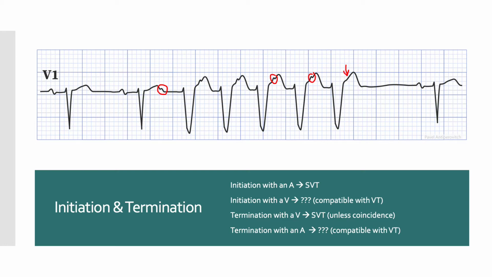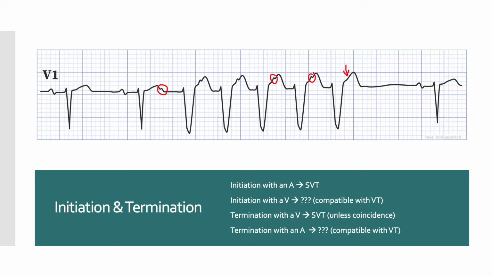So let's play out the VT in this scenario and see if it's compatible. For this to be VT, these A's would have to be retroconducted in a 1-to-1 fashion. And in the last cycle, whatever mechanism in the ventricle is causing the VT would have to terminate, and the last beat of VT would also have to block in the AV node and not conduct to the atria.